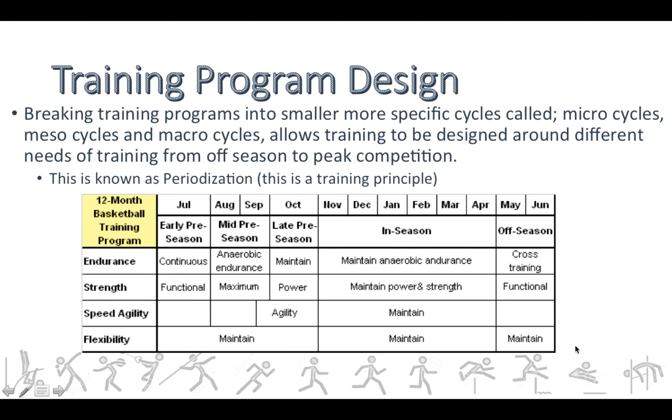Then it breaks down into our mesocycles: pre-season, in-season, and off-season. Then we break it down further to a microcycle, being maybe one week of training in July. So we can break it down to ensure that we're meeting all the criteria that we need to. But we'll get back to this later down the track.